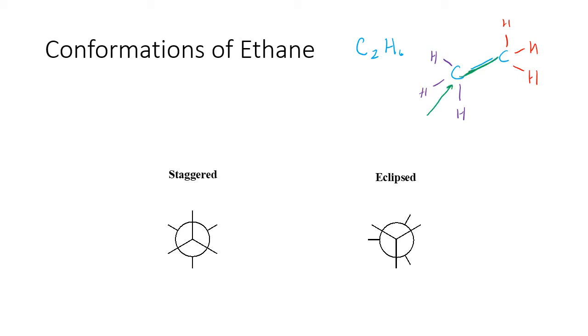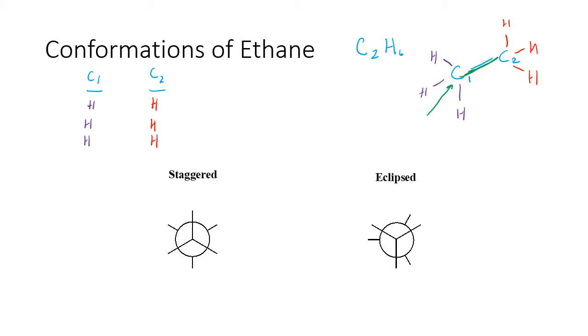That's the one we wouldn't see. And so this is a really simple molecule, but usually it's helpful to list what atoms are coming off of each of your carbons. So if we call the first carbon C1 and the second carbon C2, we can say what we have specifically coming off of them. So C1 has hydrogen, hydrogen, and hydrogen, and C2 has hydrogen, hydrogen, and hydrogen. So there's three hydrogens coming off of each carbon.